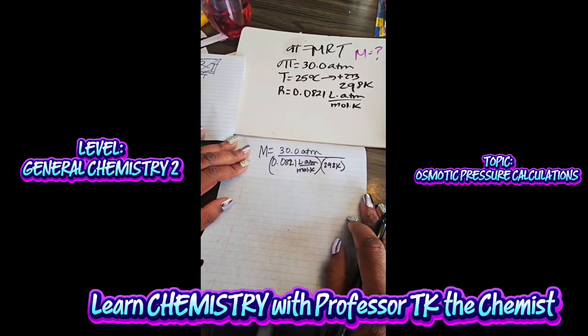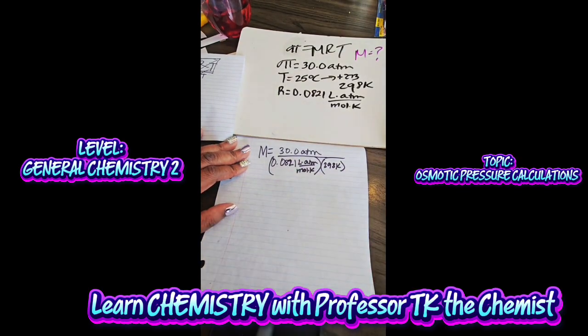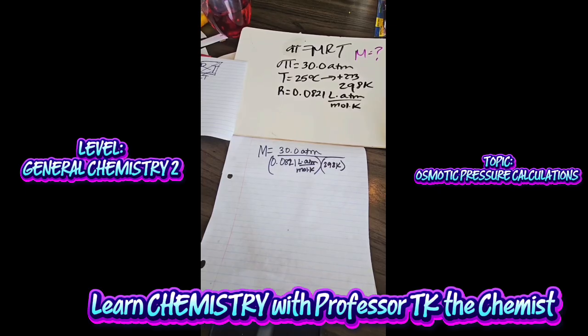See that? All right, so what are we going to do? We're going to cancel out our like terms, the units that we don't need. So let's cancel them out.